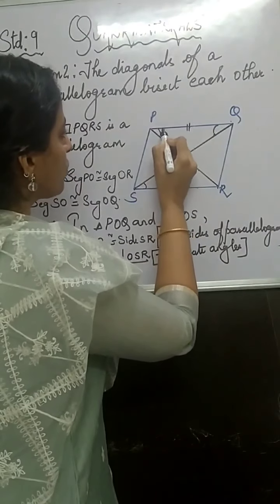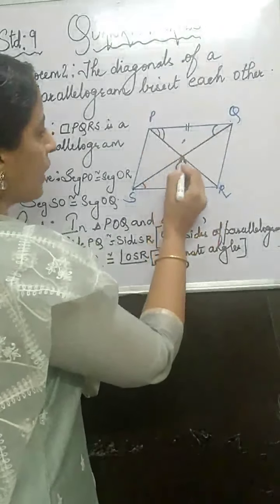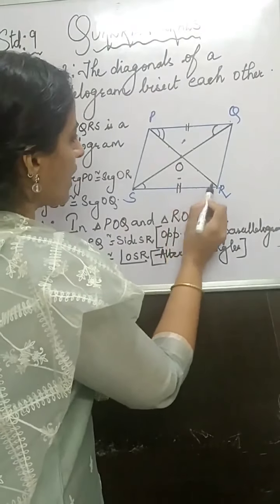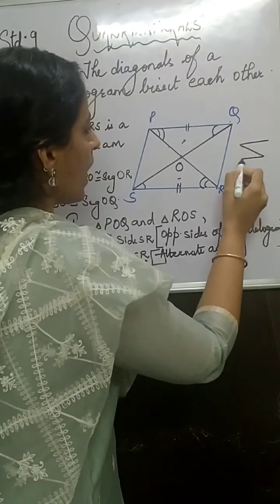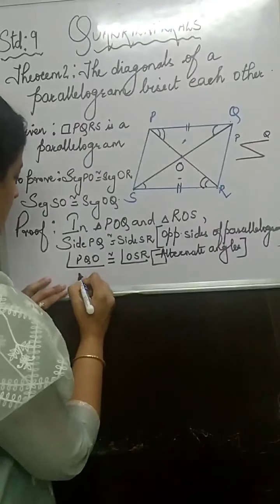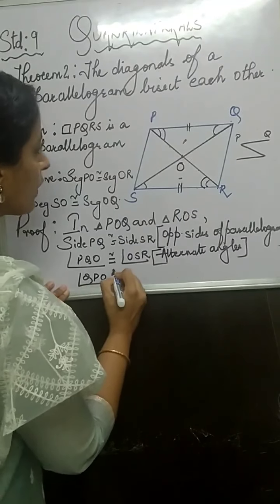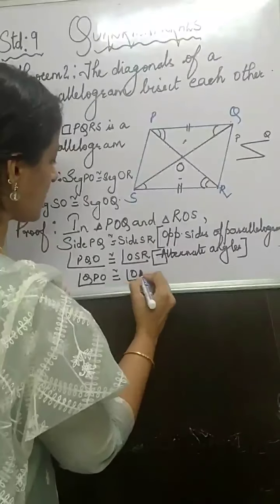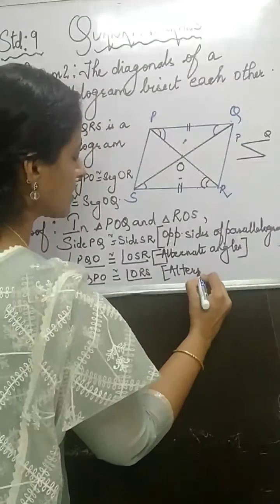Here I will mark two identical marks. QPO and ORS, these two. So the next pair is angle QPO congruent to angle ORS. Both are alternate angles.